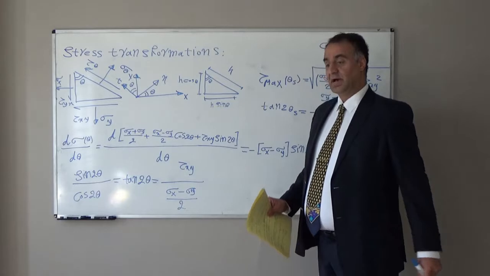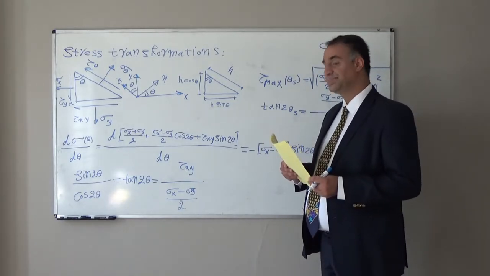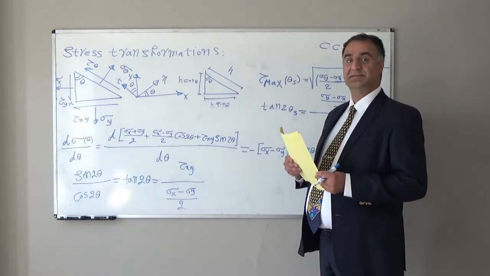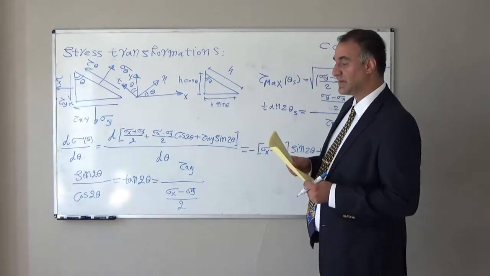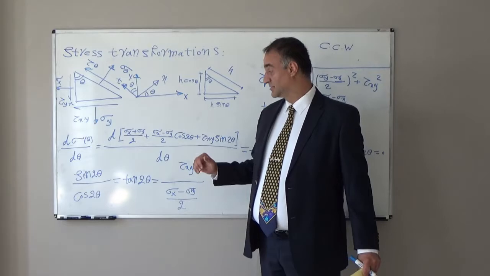At this theta, we will have the maximum or minimum normal stress, and at this theta, the shear stress value will be 0, because shear stress in that orientation or that direction is equal to 0.